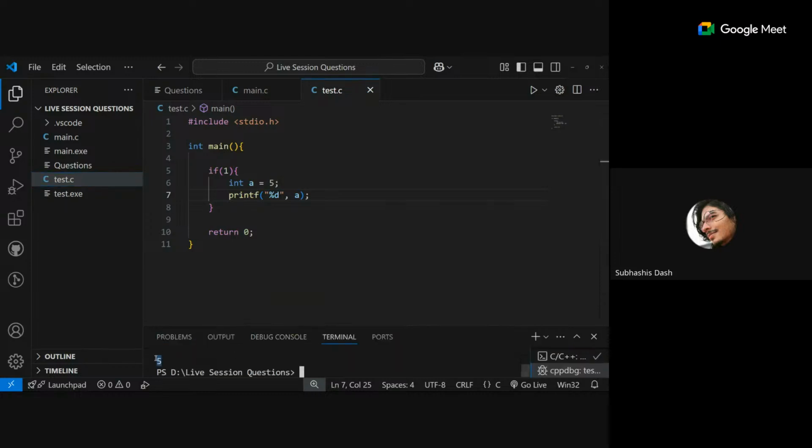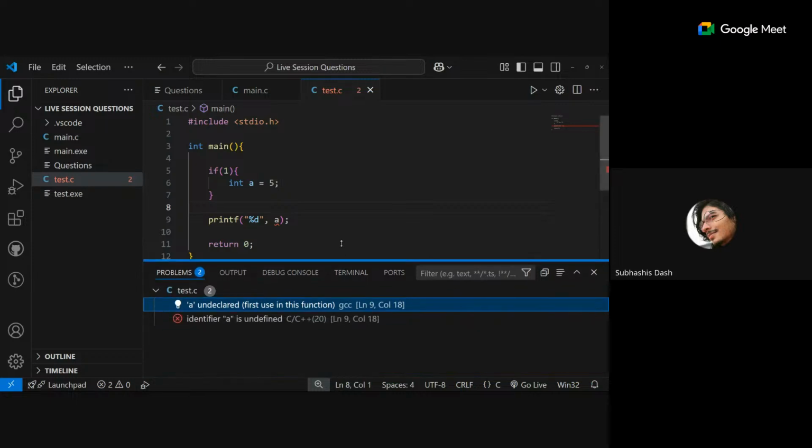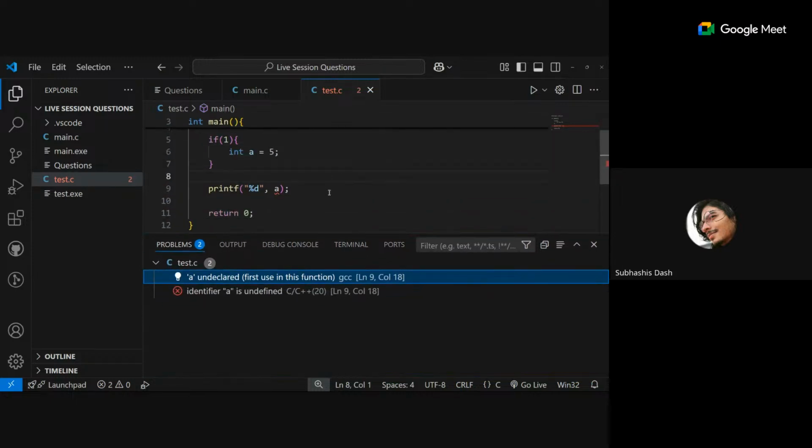So we are getting the output as 5. Okay, so that much is expected. Now if we just take this one, print this outside here, now what will happen? So can you tell me what went wrong?